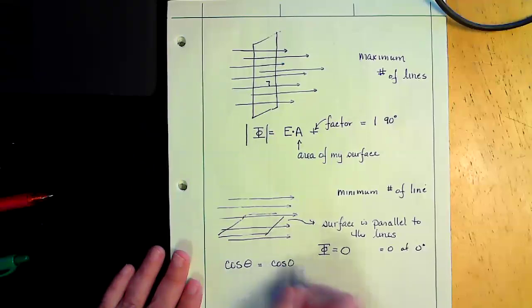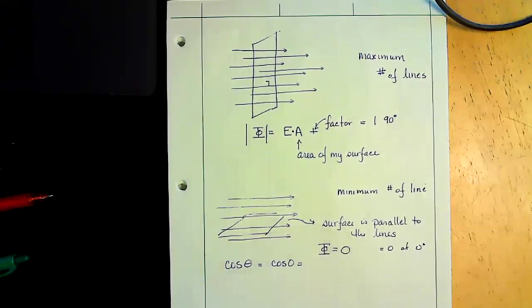Of 0, make sure I've got that right. Yep. Cosine of 0, you can plug it in the calculator. Oops, I did this right. I'm measuring it wrong.